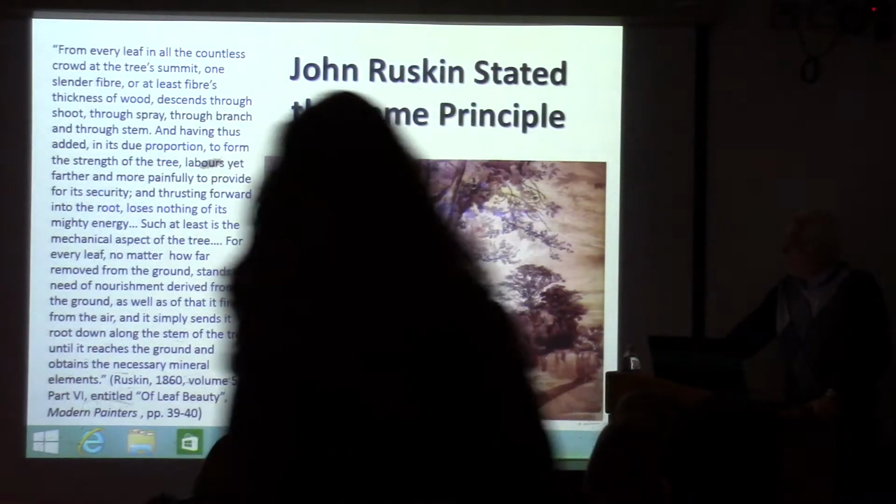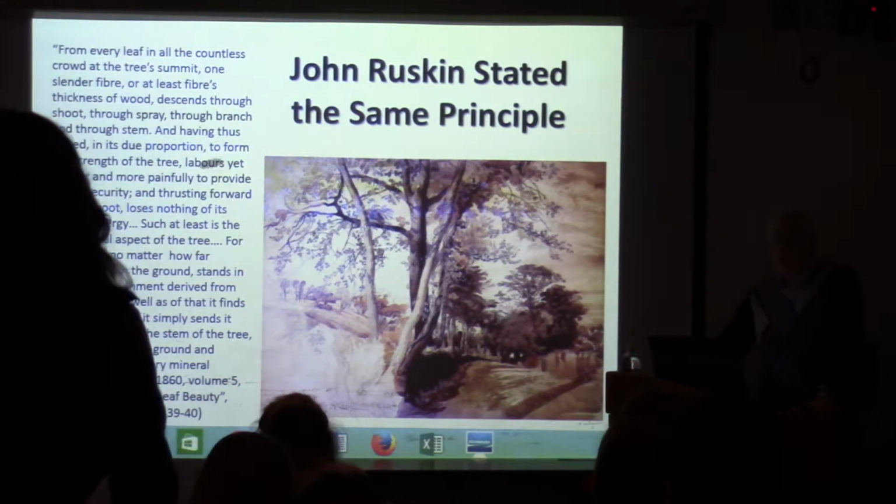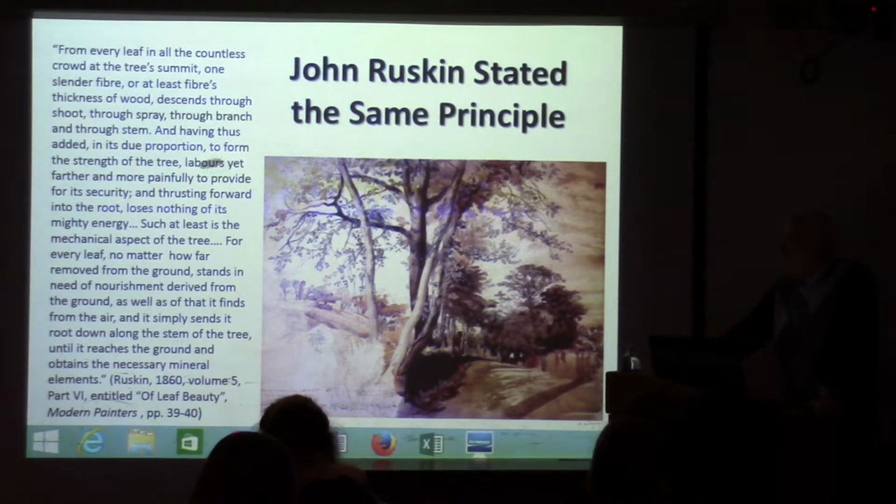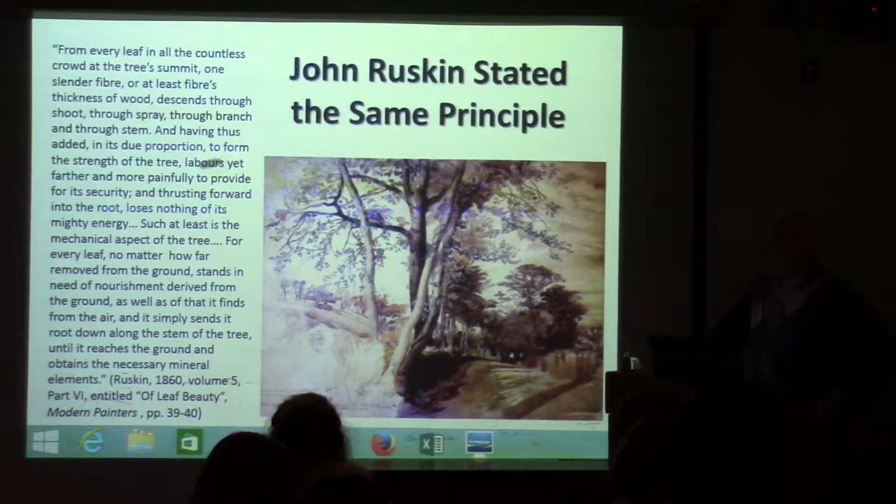Interestingly, in the mid-19th century, John Ruskin, again addressing the same problem for artists, came up with the same solution, and you can read that on the side there if you want to. But basically, in even more artistic and flowery language, he says the same thing, that when you look at a tree and try to draw all the different parts of it, the circumferences of the branches should add up to the circumference of the trunk.